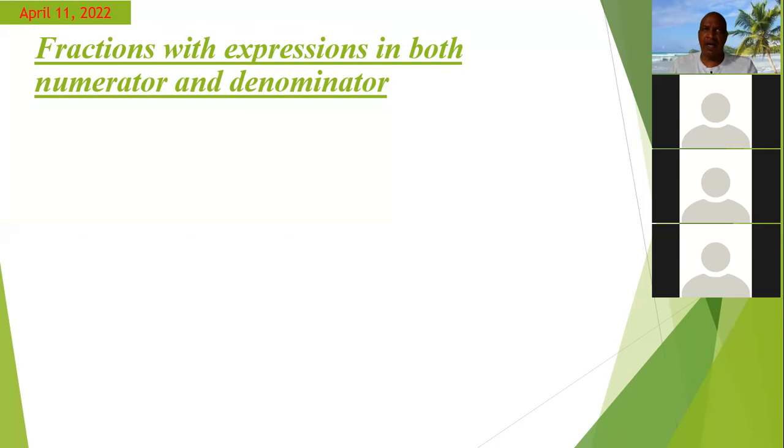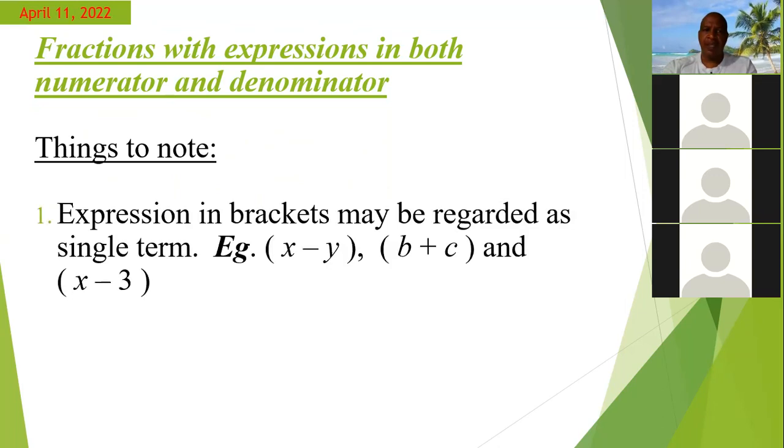So when you have unlike terms being added or subtracted, you will get expressions, all right? So we'll now be looking at some fractions where we have expressions both in the numerators and the denominators.